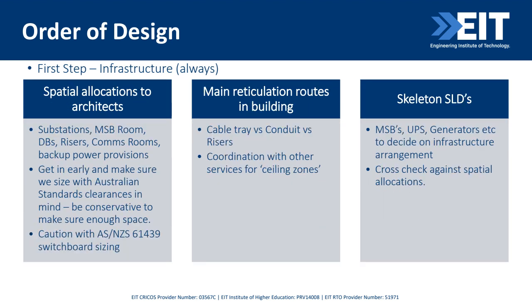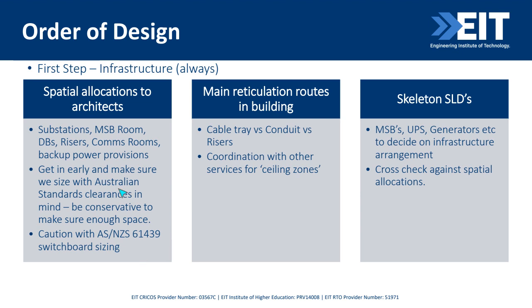Then we give that information in terms of plant spaces to our architects. So we start saving space in the floor plans very early on for our main switchboard rooms, our distribution board cupboards, any risers we might need, communication rooms, generator rooms. And we get in early and we save that space for ourselves.